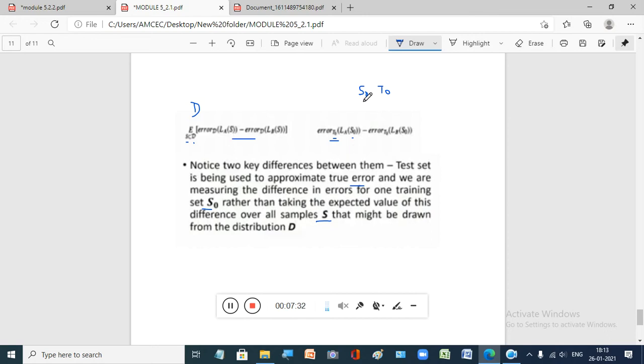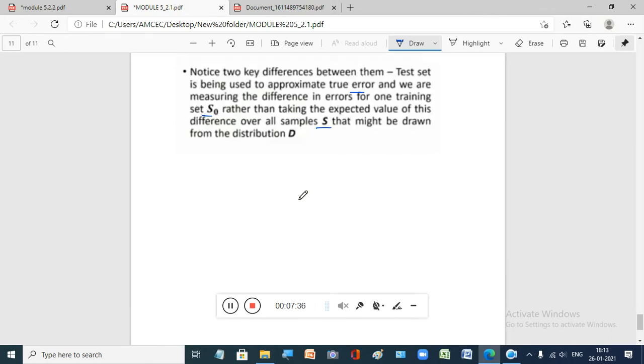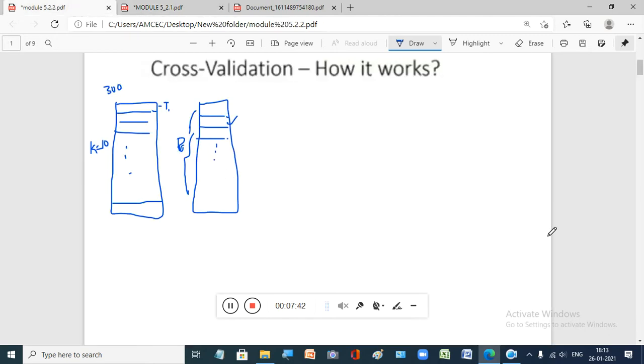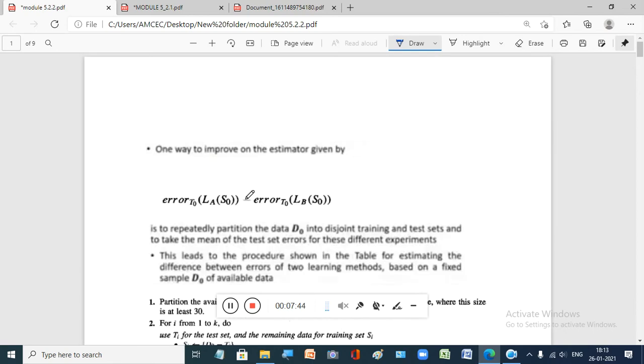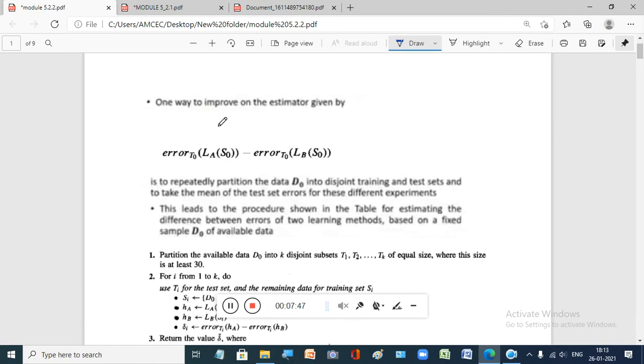Now if you want to improve this estimator, the error difference between the true error of T0 for learning algorithm A trained on S0, and similarly for learning algorithm B, the way is to repeatedly partition the data D0.